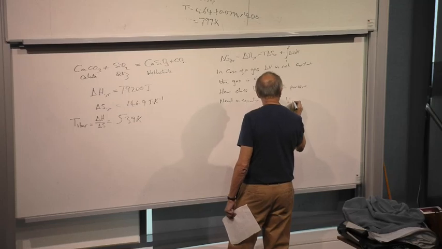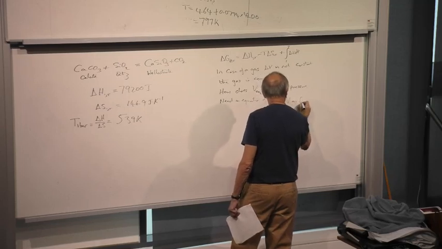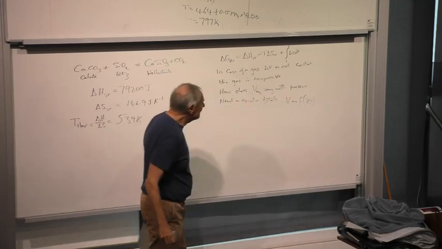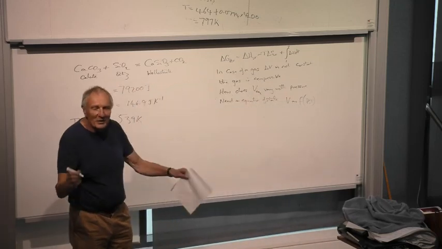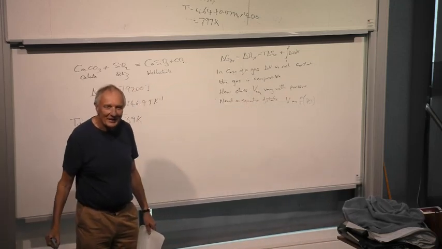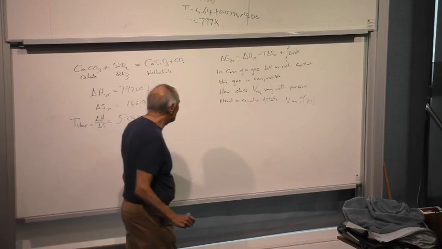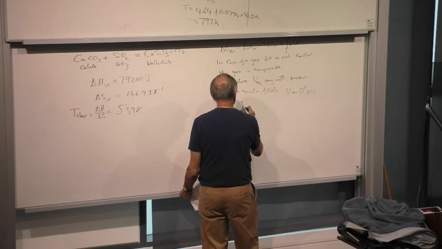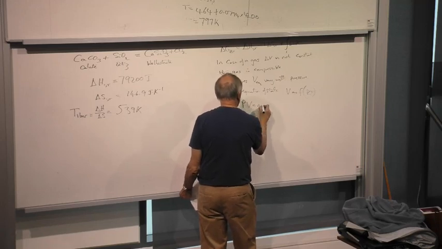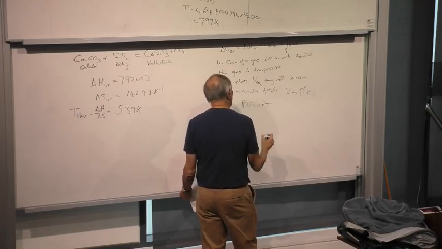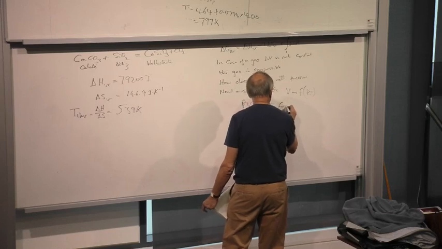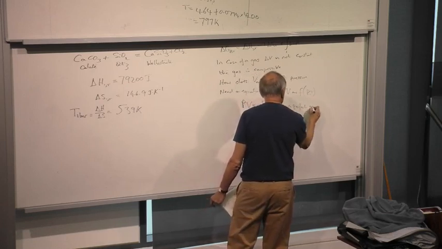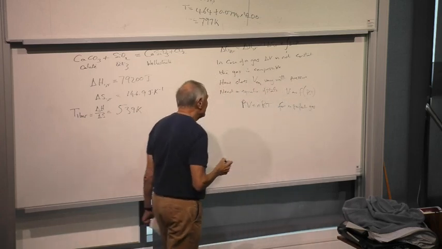So V as a function of pressure and temperature. All right, someone give me an equation of state for a gas. PV equals nRT. Yeah, PV equals nRT. That is the equation of state for a perfect gas. Sometimes called an ideal gas.